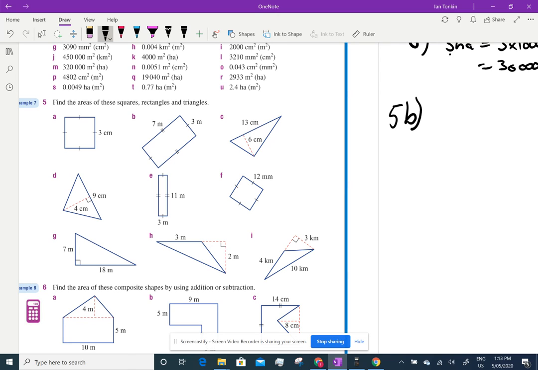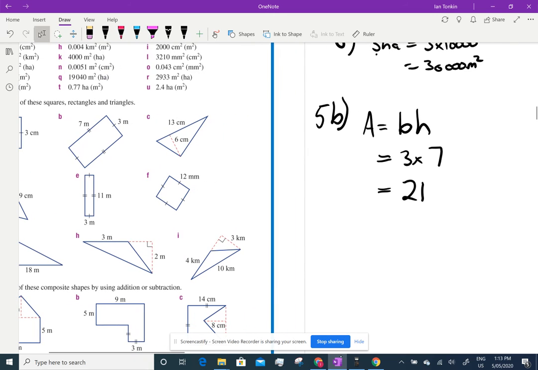So 5B, area equals, I use BH, you can do length breadth, and that's 3 times 7. It doesn't matter which order you do. 21, but please make sure you write the units, meters, or square meters.